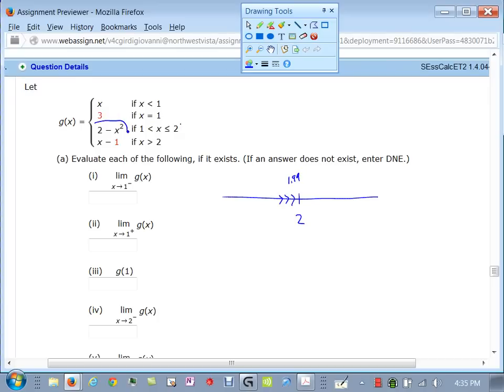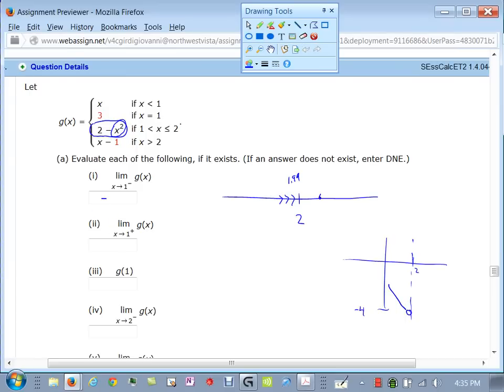We are looking at this right here. We take 1.999 and square it. It's really close to 4. 2 minus 4 is negative 2. So my graph, as I'm approaching 2, is getting closer and closer to negative 4. My answer's down there somewhere.